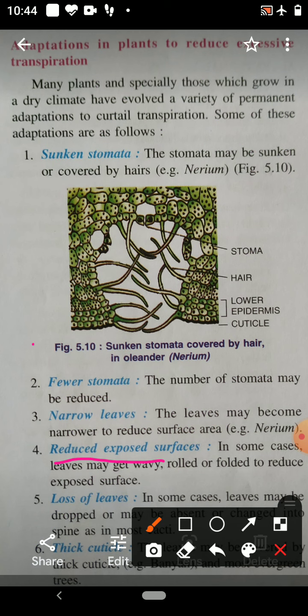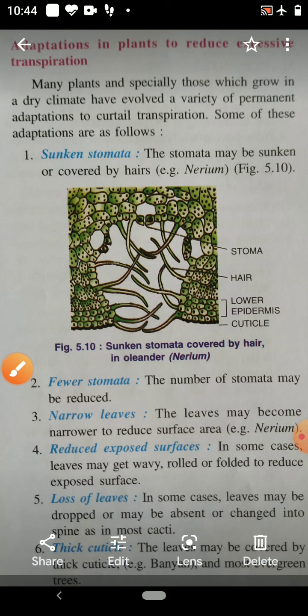Folded means their leaves are folded like this. So folded leaves have a reduced exposed surface. The whole surface of the leaves is not getting the sunlight. Therefore the rate of transpiration has reduced.